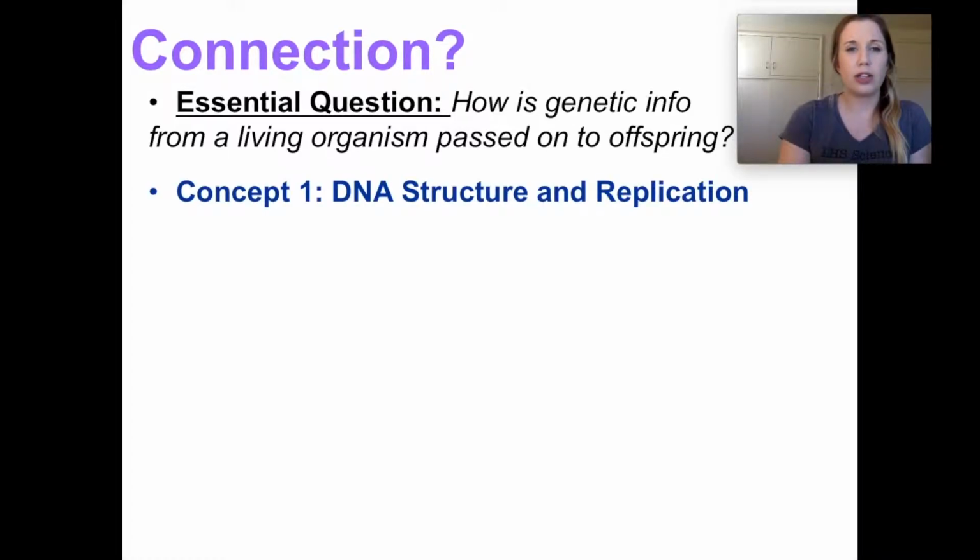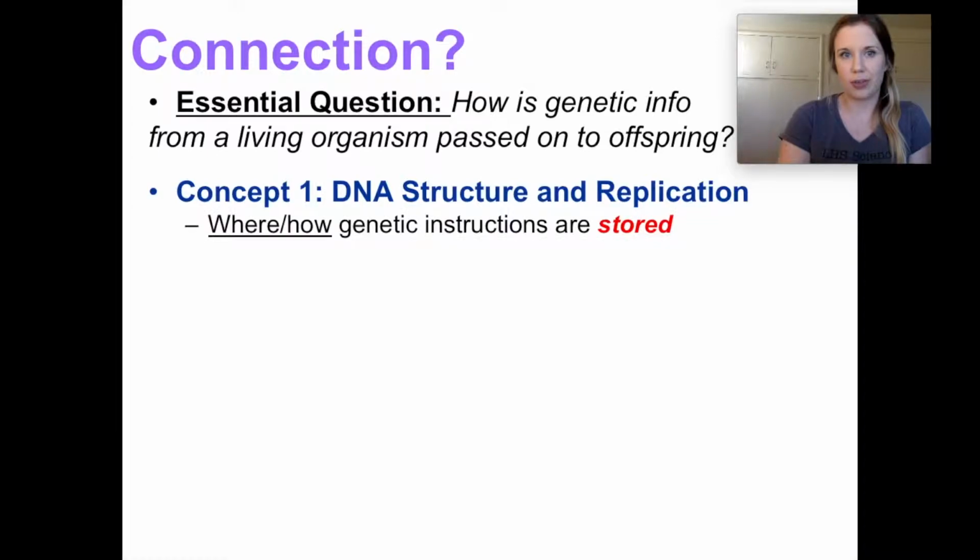We learned in Concept 1, DNA structure and replication, how and where genetic instructions are stored. We learned all about DNA, which is a nucleic acid composed of long chains of nucleotides.